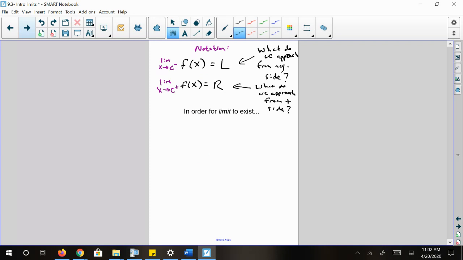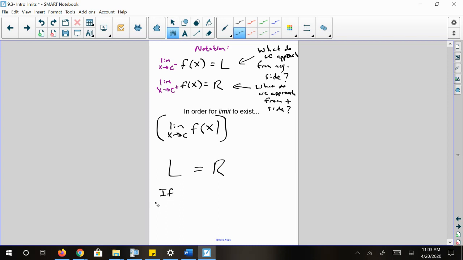Okay, so this is a notation thing, but in order for a limit to exist, this is kind of a logical jump in thinking here. So in other words, not distinguished as positive or negative, but just the limit as x approaches c in general, in order for this to exist, what must be true is that the limit from the left must equal the limit from the right. Okay?